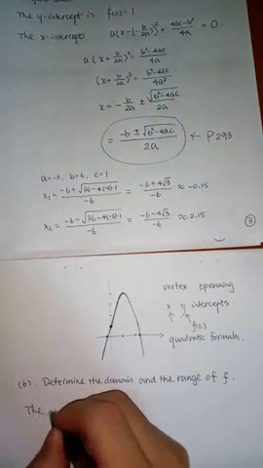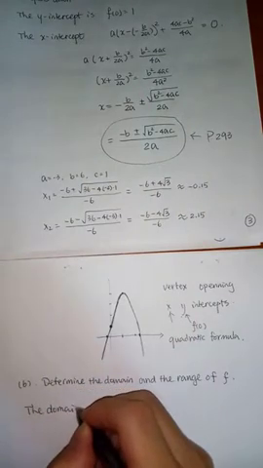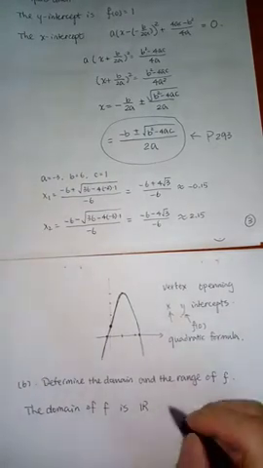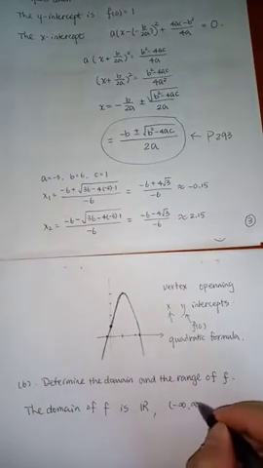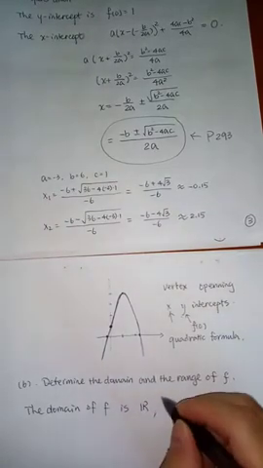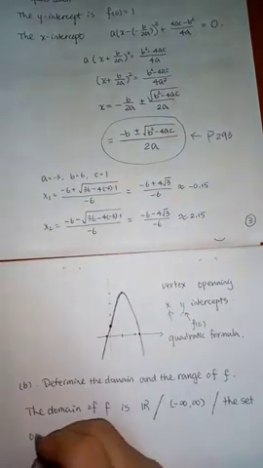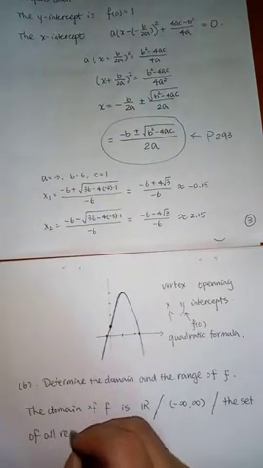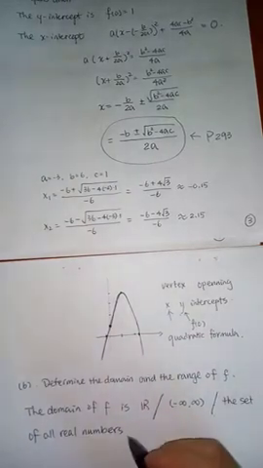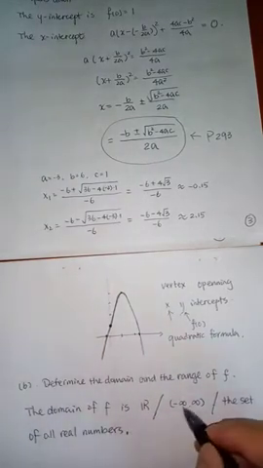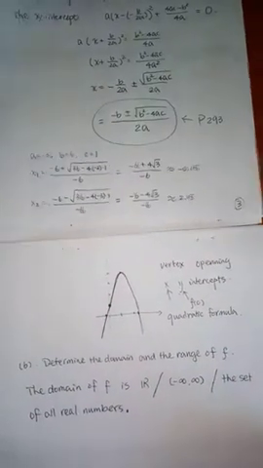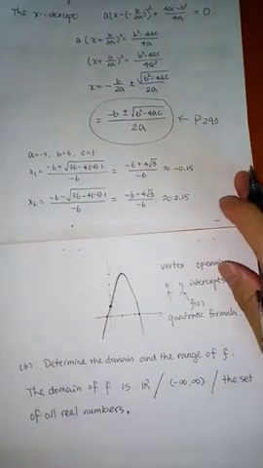The domain of f is always, you can write it like R, or you can write negative infinity to positive infinity, or you just say the set of all real numbers. Okay, so either works. You can write R or negative infinity to positive infinity, or you use the verbal definition, the set of all real numbers. Okay, this is the domain.